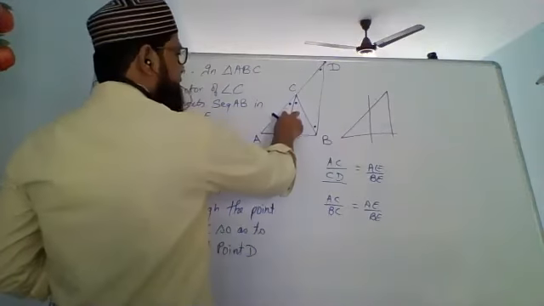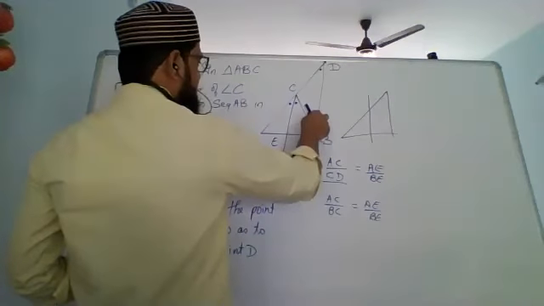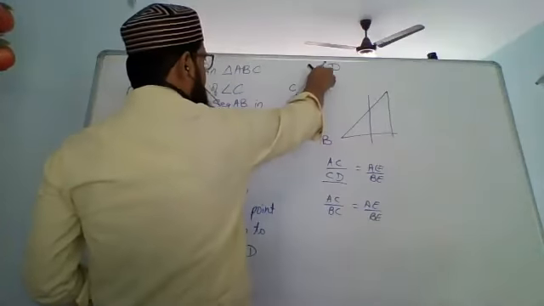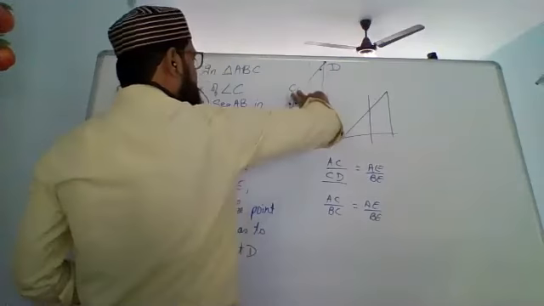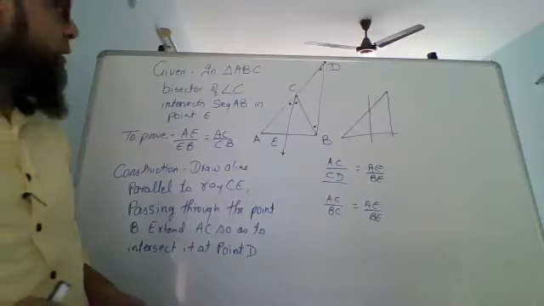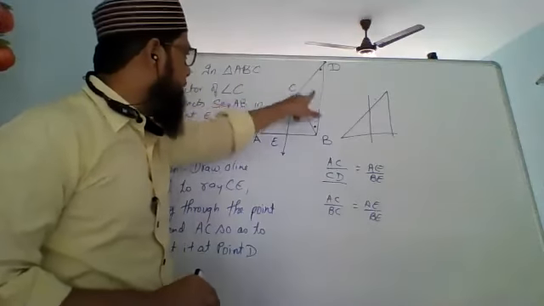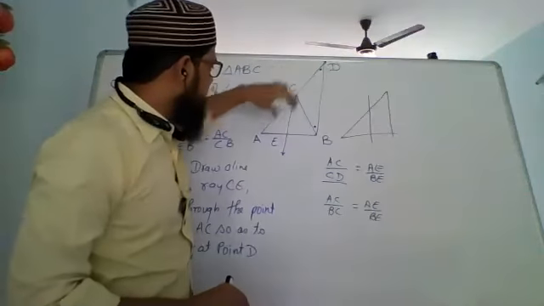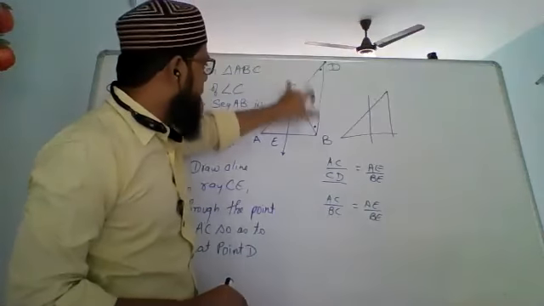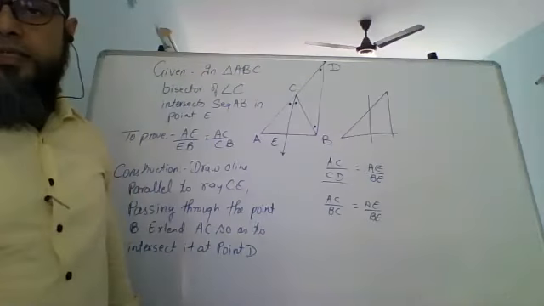But already given that these two angles are equal, therefore this angle is the same as this angle, and this angle is the same as this angle. Therefore, this side CD is equal to this side BC. Then we'll say by BPT in the full triangle, ratio of this upon this is equal to this upon this, but in place of CD we'll put BC. Is this clear till here?